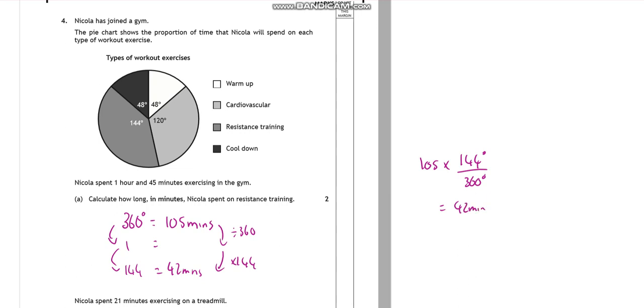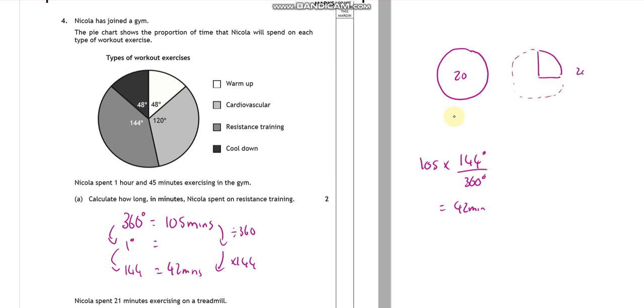Now this way I quite like because it ties in with what we've done with percentages before. We find 1 degree, or we find 1%, etc. But this way I like as well because it's very similar to working out volumes and areas. If you're looking at a circle, what's the area of that circle? Let's say that pi r squared comes out as 20. Someone might say, well, what's the area of the same size circle, but I've lost this big chunk?